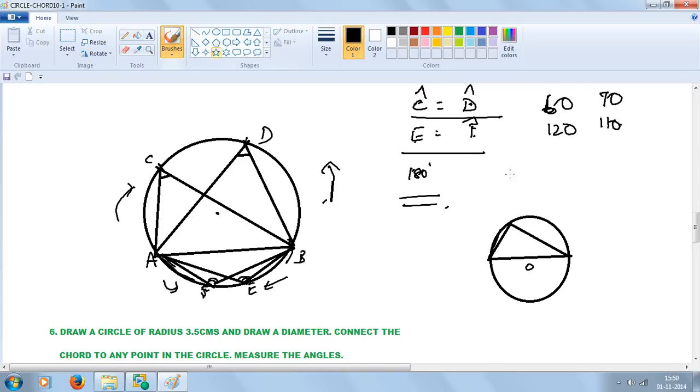If you observe, the angle is 90 degrees. Any point on the circle. So this is 90 degrees.